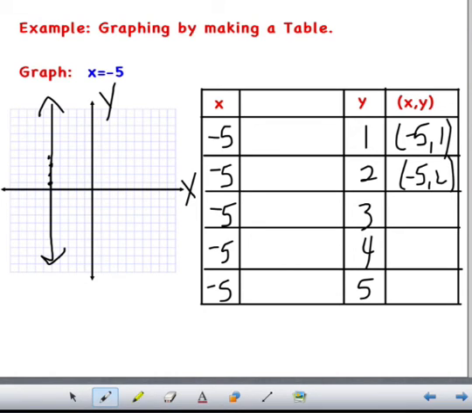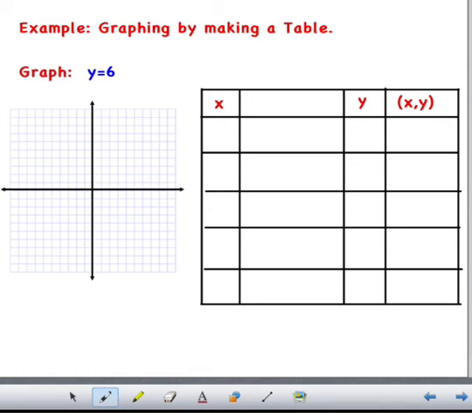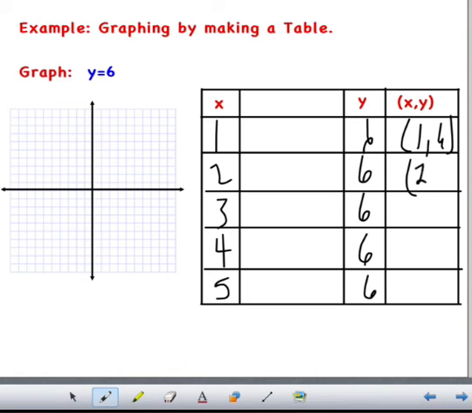The opposite is true. Look at this one, where I have y is equal to 6. It doesn't matter what I put in for my x, 1, 2, 3, 4, 5. My ordered pair would be (1, 6), (2, 6), and so on. Y is always going to be equal to 6, so what do you think this line is going to look like?